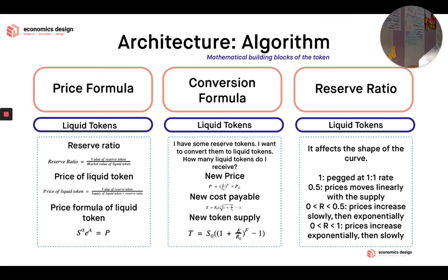And we have the other one, where it's between 0.5 and 1, where prices increase super fast, and then it kind of flattens out. So the green one increases quite fast, and then it just kind of flattens out. So these are the different shapes of the curve. And okay, the red line is when it equals 1.